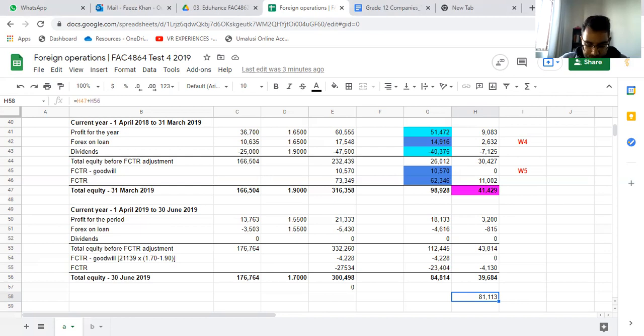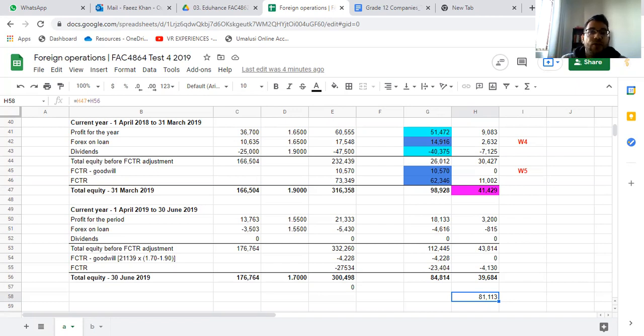Now, when we have a disposal, one of the easiest ways to deal with it is as follows. We recognize all the consolidation relating to the parent, all the income and all the expenses. So recognize all profit or loss as well as all OCI.